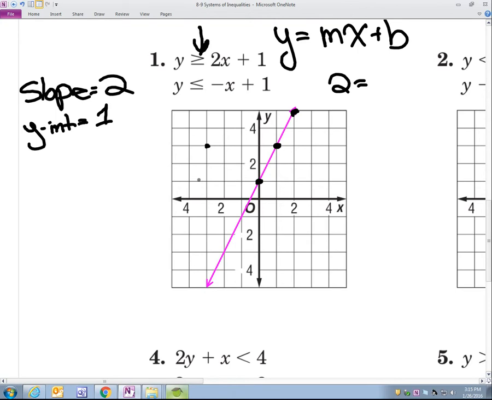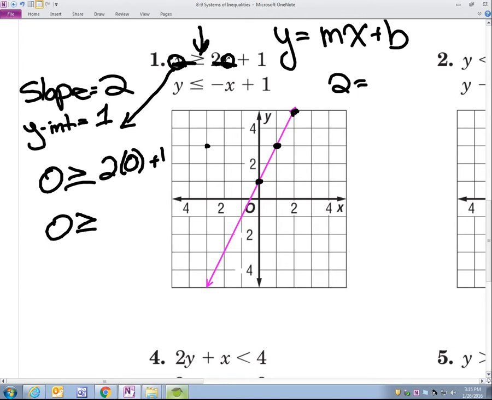I'm going to pick 0, 0, and substitute in here. 0 is greater than or equal to 2 times 0, because I'm just substituting 0 for x, the origin, plus 1. So I have 0 is greater than or equal to 1.